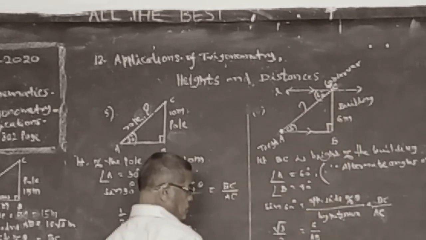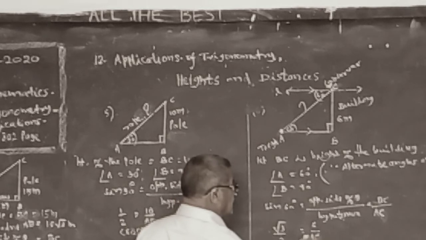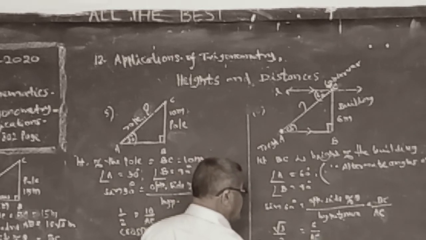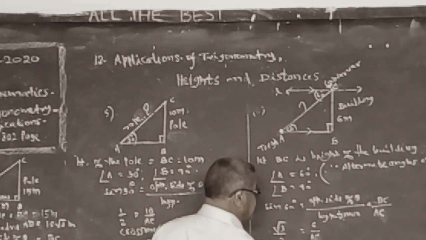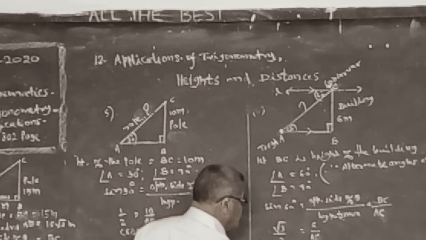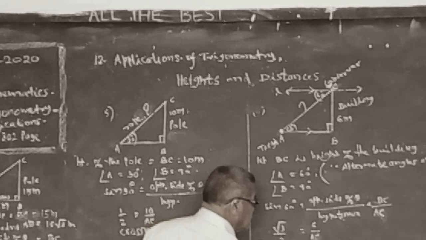Now AC, cross multiplying, AC root 3 is equal to 12. AC is equal to 12 by root 3.